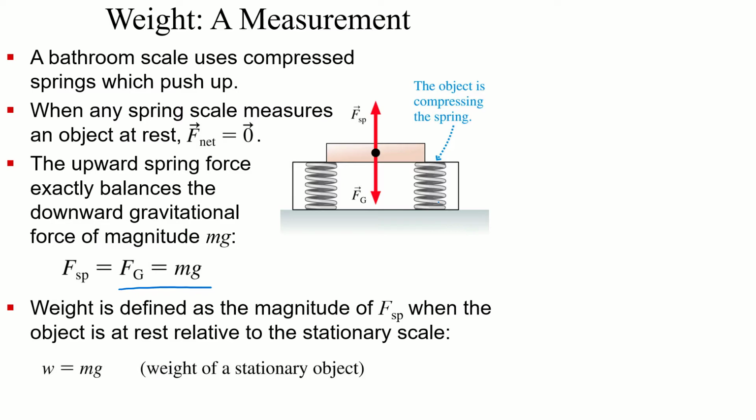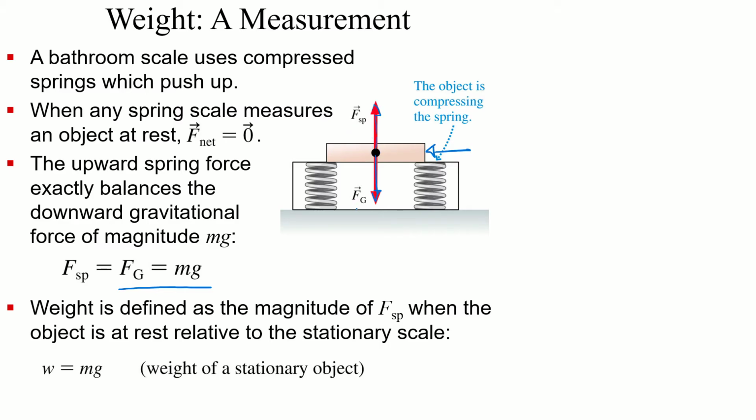Whereas if we were to measure it on a spring scale, the way a spring scale works is you put an object on top of something with calibrated springs. These springs have a known strength. The force of gravity pushes this object downwards, the springs start to compress and push it back, and eventually they hit equilibrium.